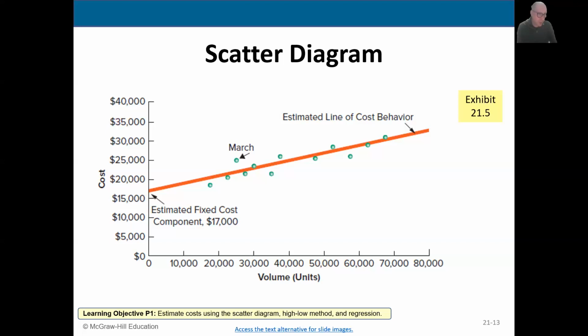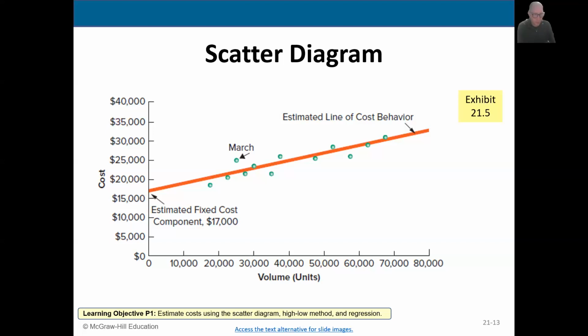And we also see that our fixed cost component starts at 17,000. Okay. So you'll notice that each month is represented by one of these lovely green dots on this graph.